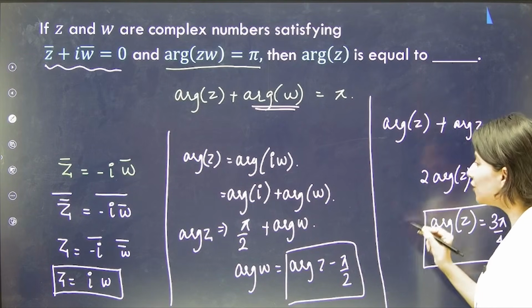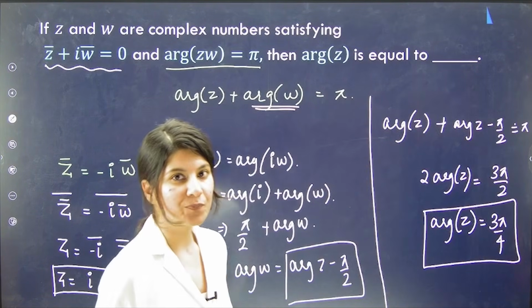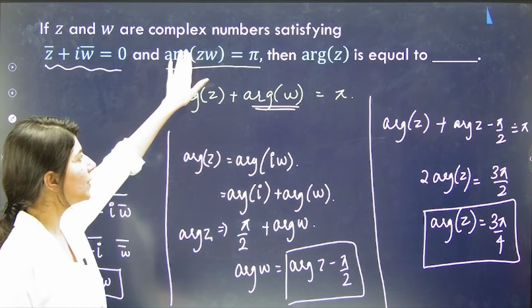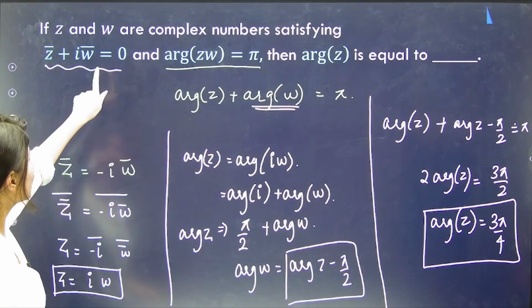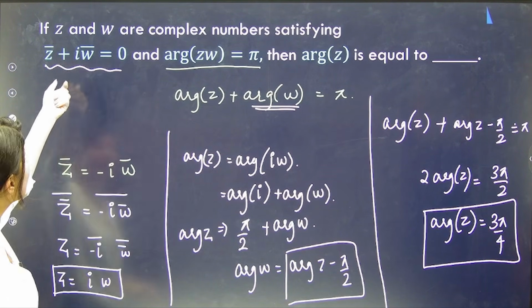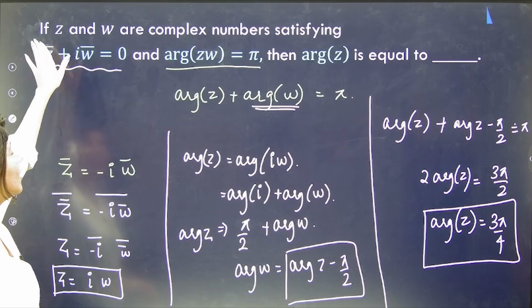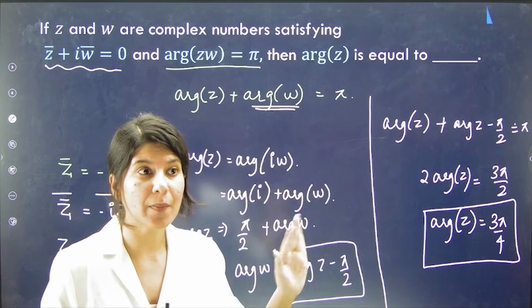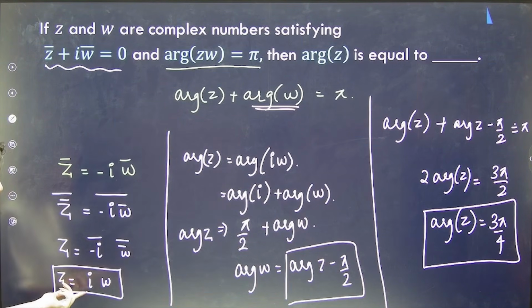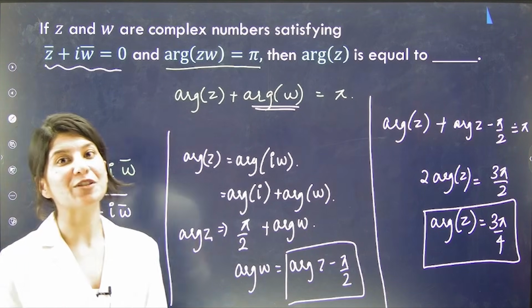So we just need to use the basic properties of argument. In here, this property everyone will use. But there are very few people who will think, okay, let's first convert this z bar into purely z by taking conjugate on both the sides. And once we get the equation, just take argument on both the sides and apply the properties of argument.